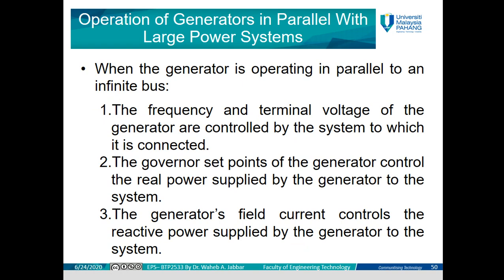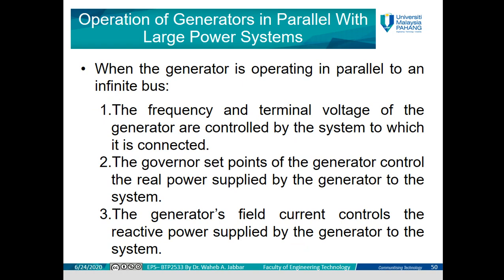If we have a large power system, that means we have a grid, not only two generators. We have an electrical power system which consists of many synchronous generators, and we want to add one generator to this grid. The frequency and terminal voltage of the generator usually are controlled by the grid, not by the generator itself.